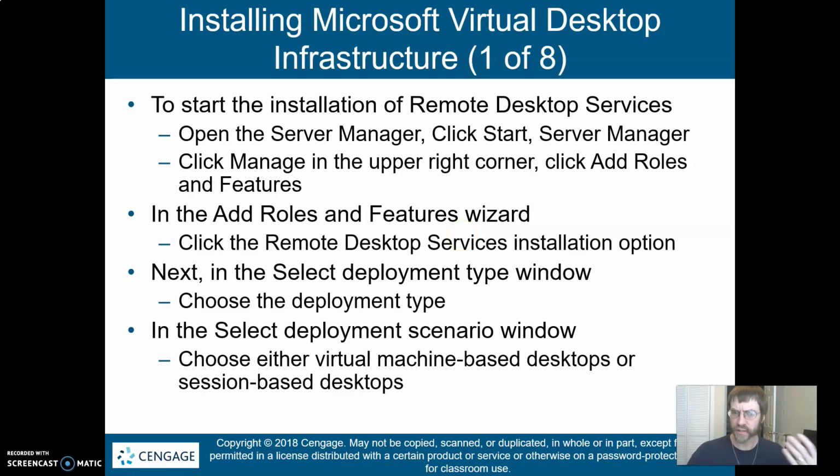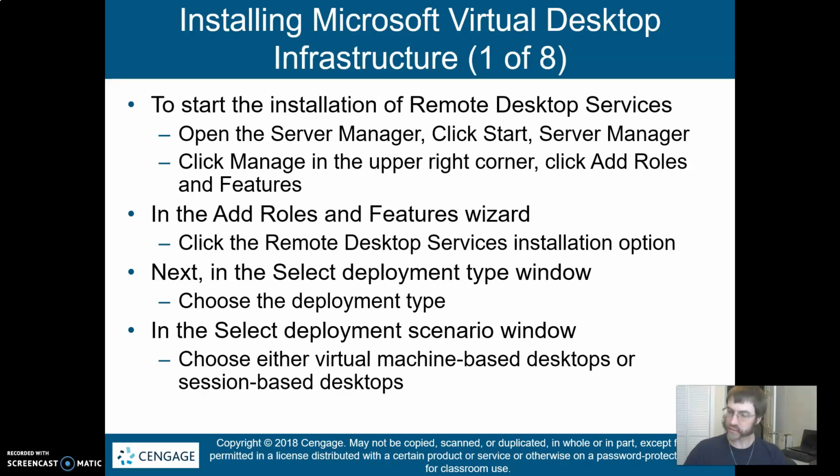The deployment type will give us a few options: a fully customizable deployment, a quick deployment, which creates things for us, or multi-point services. Once we make that choice, the next choice is to select our deployment scenario, either VM-based desktops or session-based desktops.